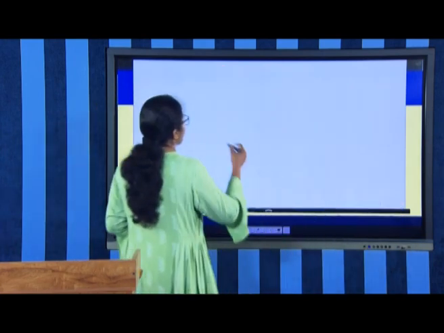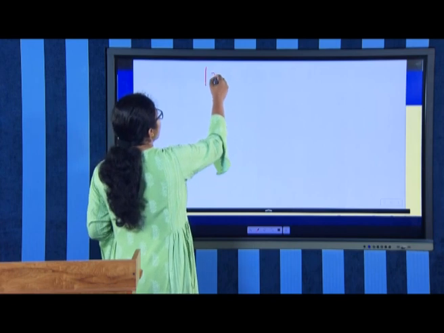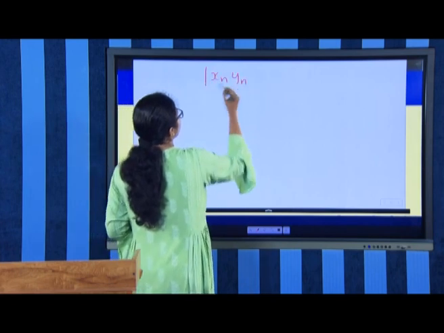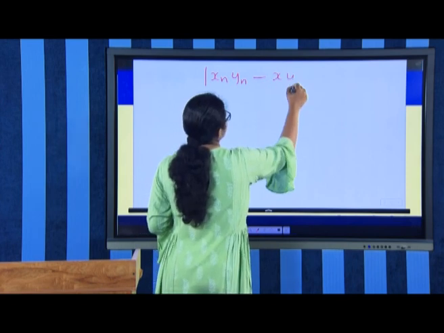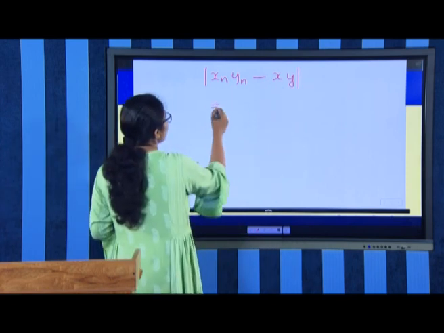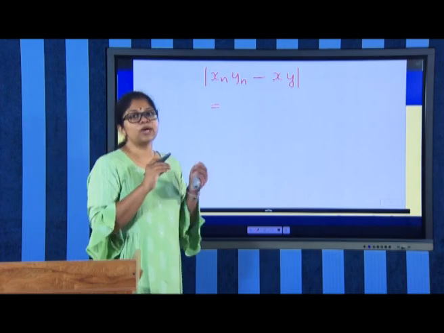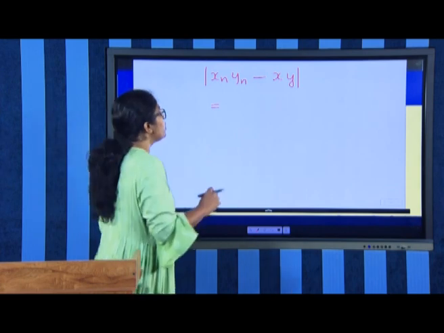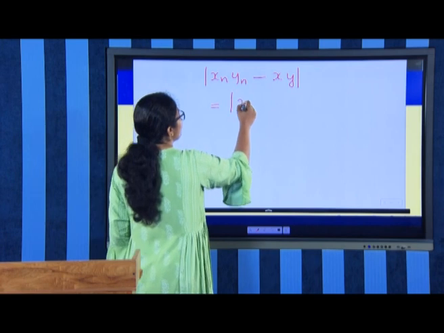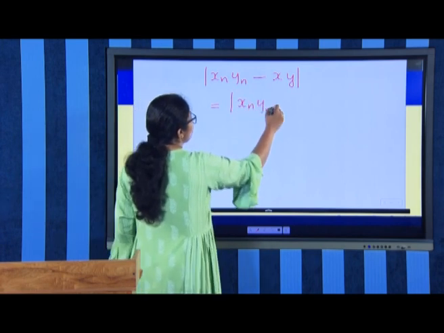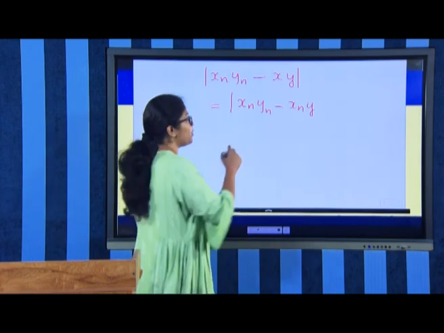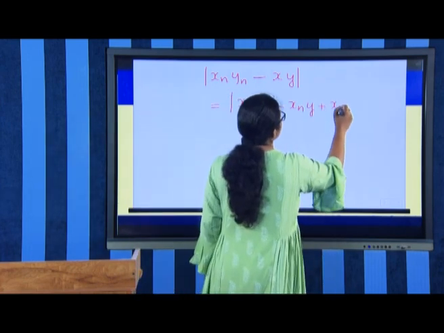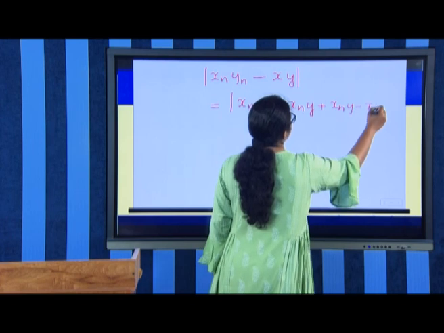Now, consider the case modulus of xn into yn. Consider modulus of xn yn minus xy. Inside this, here we will do a small manipulation. We will insert xn y, adding and subtracting xn y, we will be getting xn y minus xy.